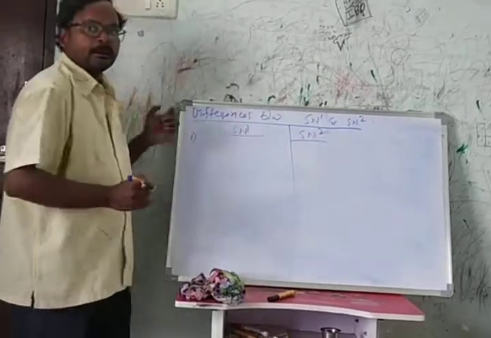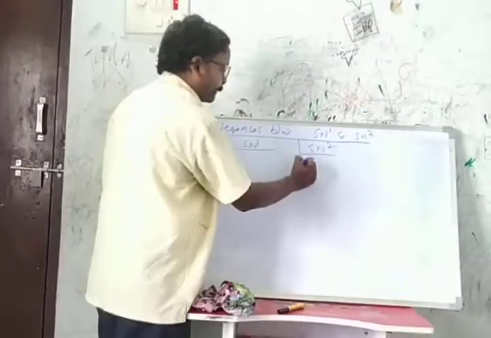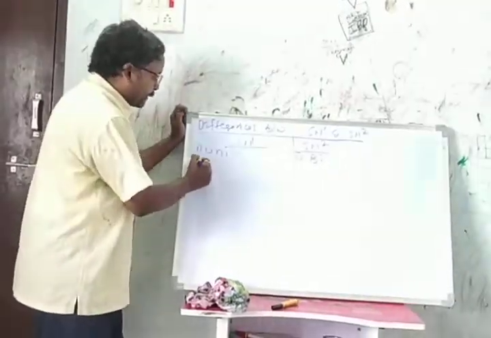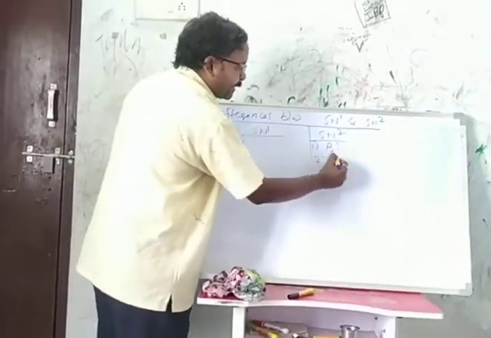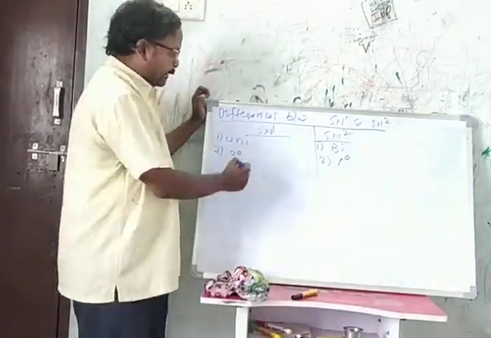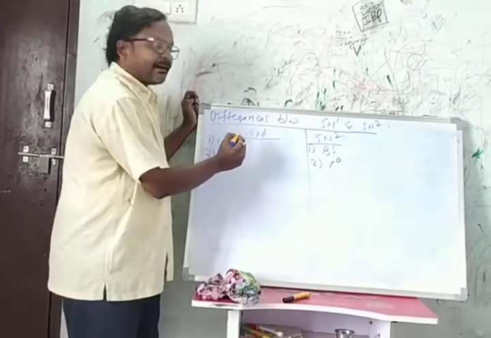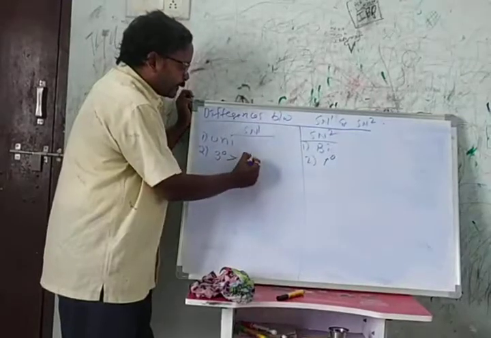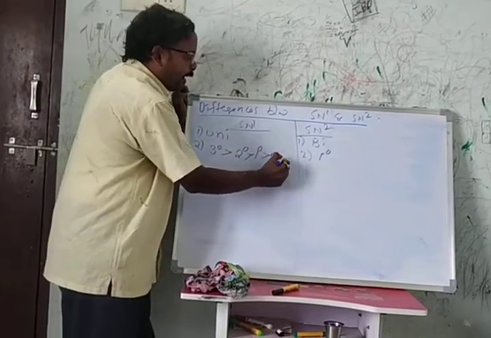SN1 means unimolecular nucleophilic substitution reaction, and SN2 is a bimolecular nucleophilic substitution reaction. SN1 is mainly observed in tertiary alkyl halides; SN2 is mainly observed in primary or methyl alkyl halides. The reactivity of alkyl halides towards SN1: tertiary is more than secondary, more than primary, more than methyl chloride.